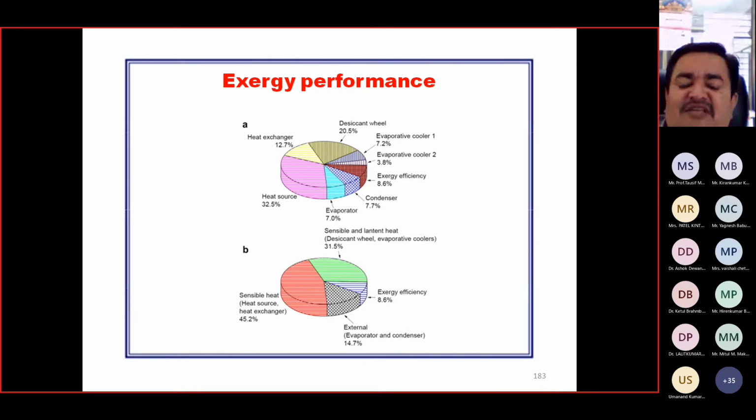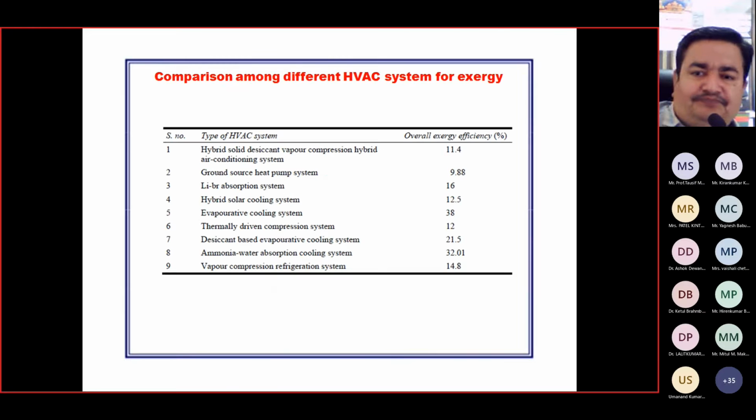So some polymer based desiccants nowadays under research will regenerate at nearly ambient temperature, around 45 to 65 degrees centigrade, so that these exergy destructions in the heat source as well as dehumidifier can be avoided in a great way, so as to improve the exergy performance, or you can say running cost can be reduced in a great way.